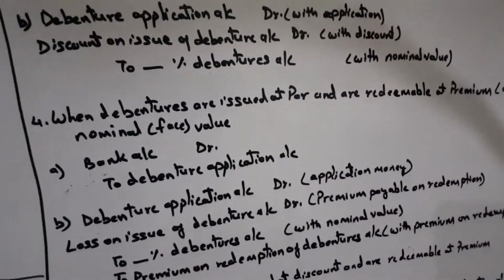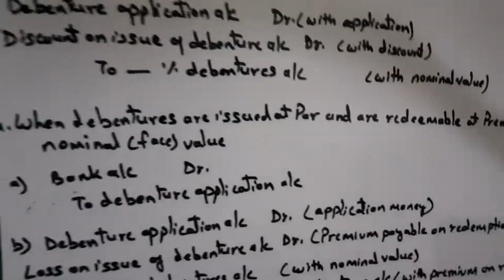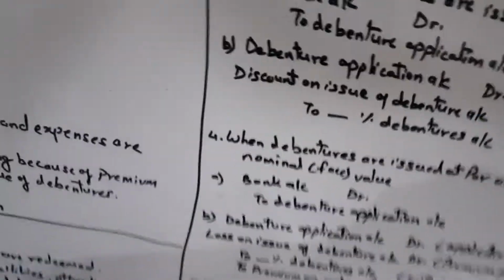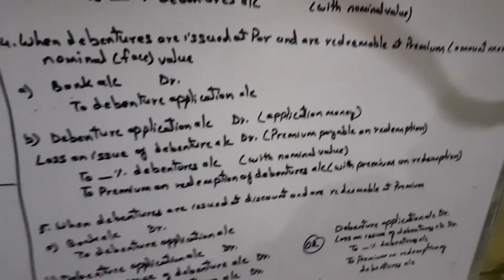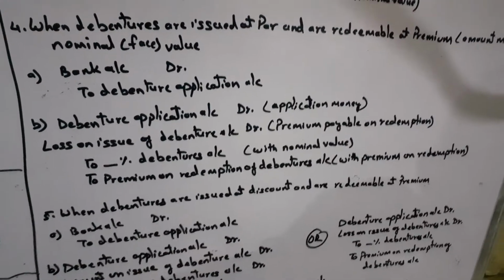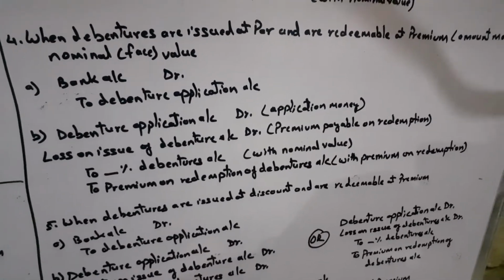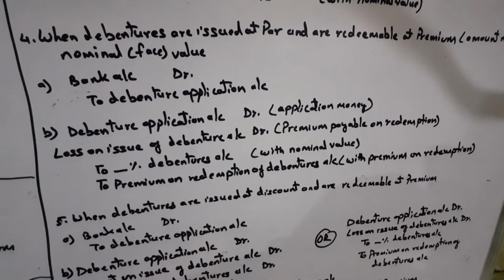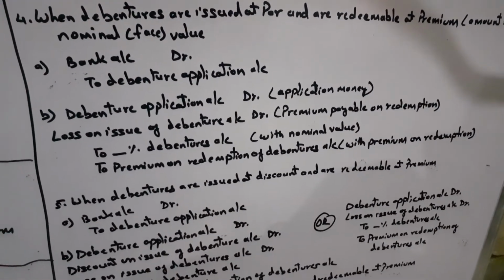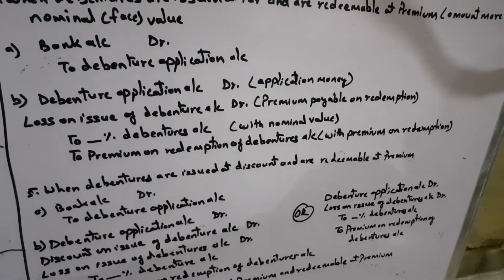When debentures are issued at par and are redeemable at premium, in this case what things you have to understand? Issued at par and redeemable at premium, that means debenture application account debit with application amount, loss on issue of debentures will be debited with the premium which you are paying on redemption, 2% of debentures account to premium on redemption of debentures account with the premium on redemption amount.